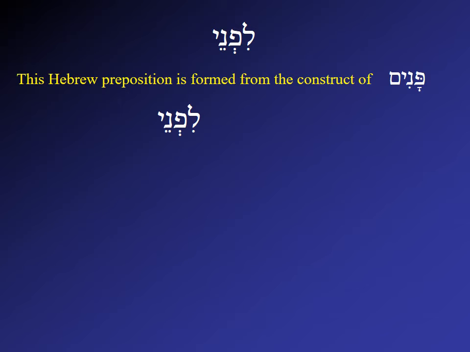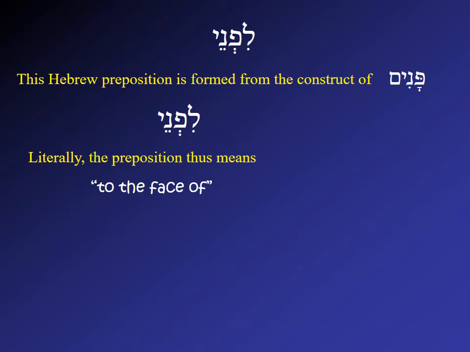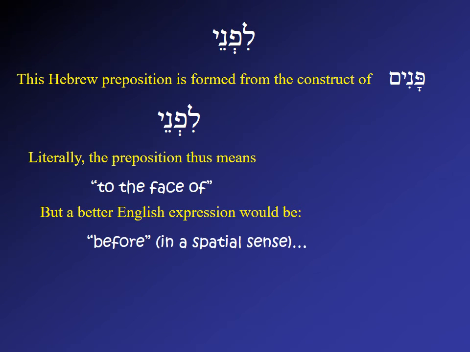So lefnei becomes lifnei. Literally, this preposition means to the face of, but we will never, ever, ever translate it that way. Instead, in English, the better rendering of it is before, in a spatial sense, like in front of, or in the presence of. Lifnei, before, in the presence of.